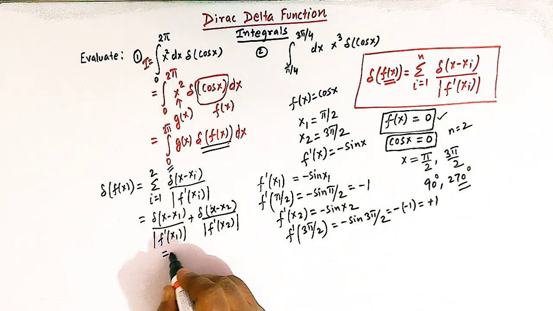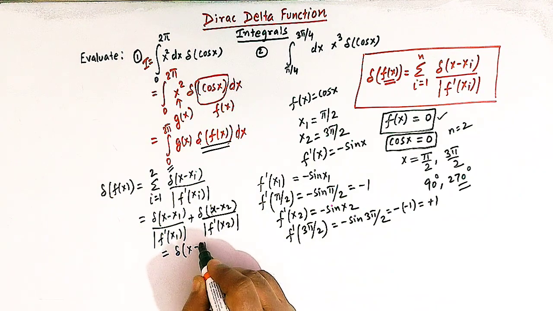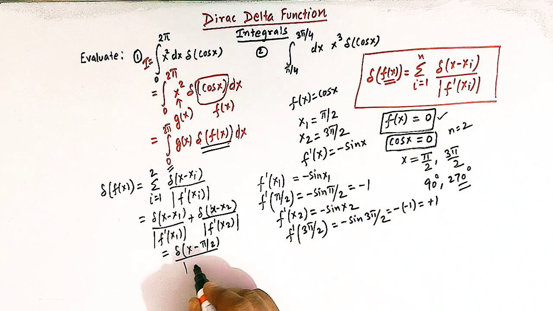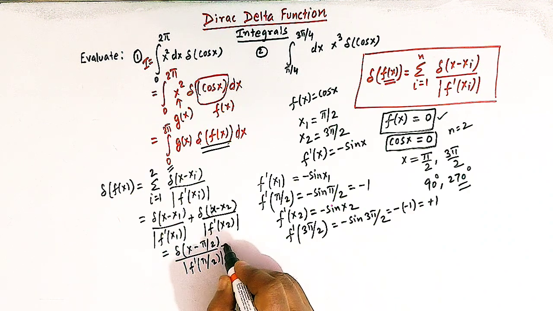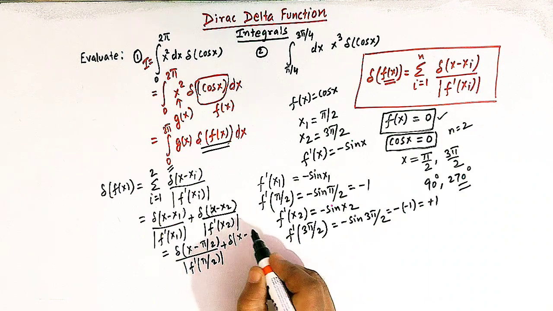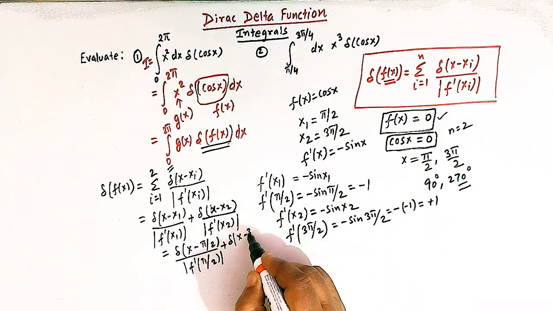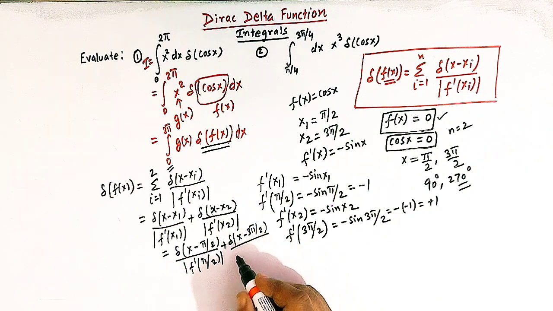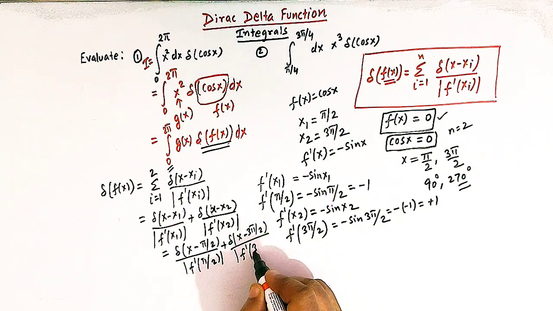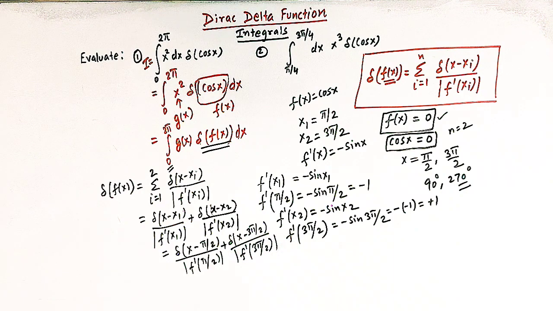Now x1 is pi by 2, and here we have mod of f prime of pi by 2, and delta of x minus x2, where x2 is 3 pi by 2, and mod of f prime of 3 pi by 2, right?